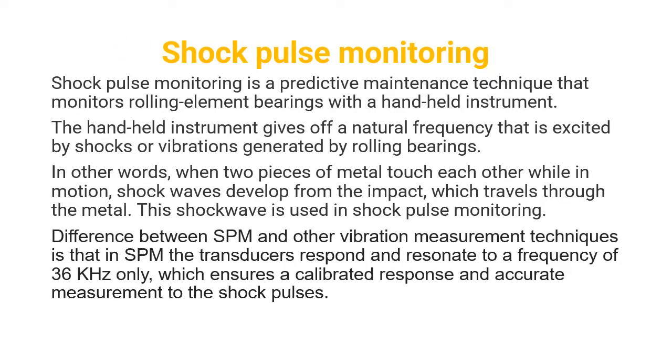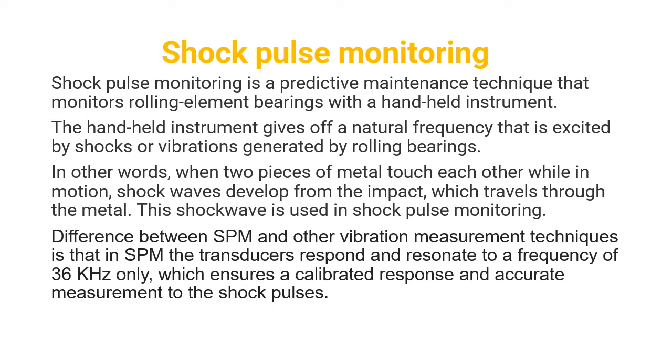Another is shock pulse monitoring. It is also a predictive maintenance technique that monitors the rolling element bearing with a handheld instrument. The handheld instrument gives off a natural frequency that is excited by the shocks and vibration generated by the rolling bearing.